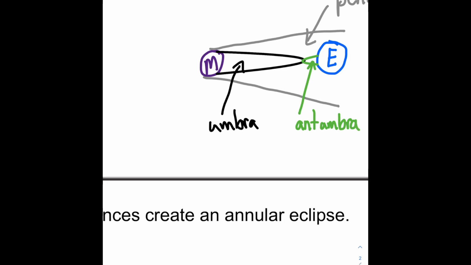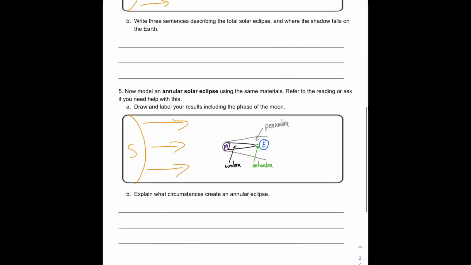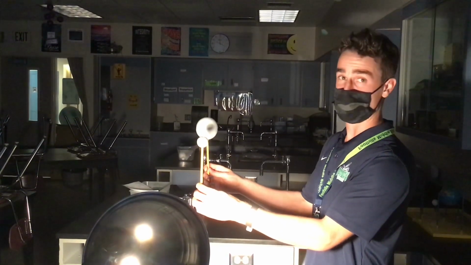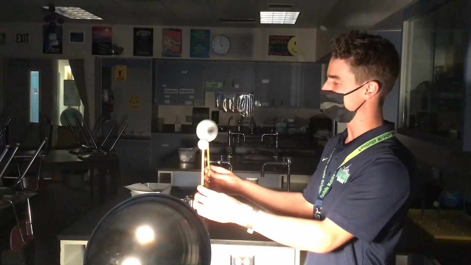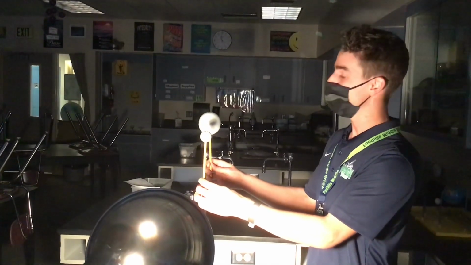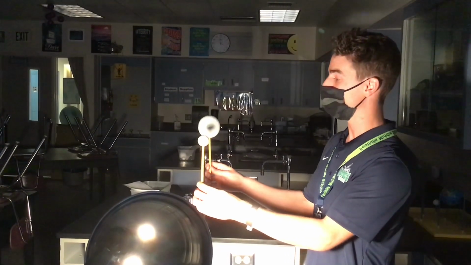And so this would show the annular eclipse. Around that dark center, you can see the penumbra. The penumbra is the lighter shadow. If you were on Earth in that lighter shadow, you would see a partial solar eclipse.